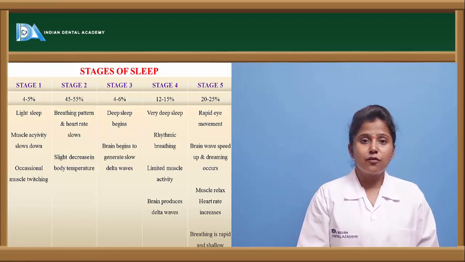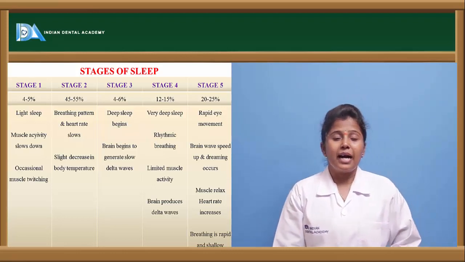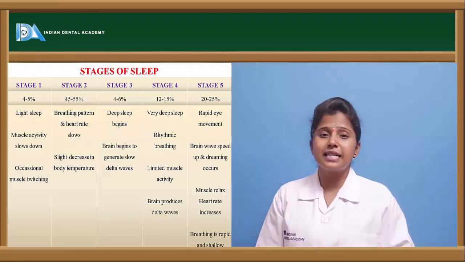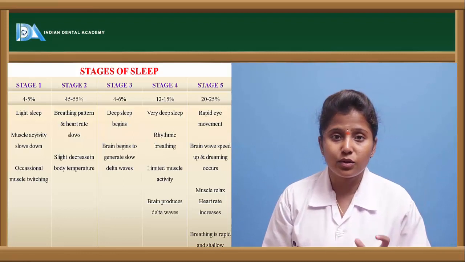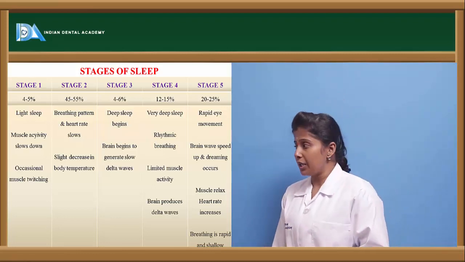Stage 4 constitutes 12 to 15% of total sleep, and the person is in very deep sleep, for about half an hour in every individual.